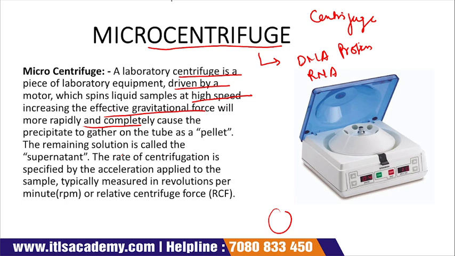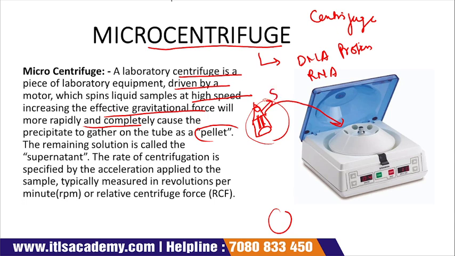There is a pellet. Suppose this is your Eppendorf tube. In the microcentrifuge we use an Eppendorf tube, and the liquid is present in it. When this Eppendorf tube is put into a microcentrifuge and it moves at very high speed, it is separated into a supernatant and a pellet.